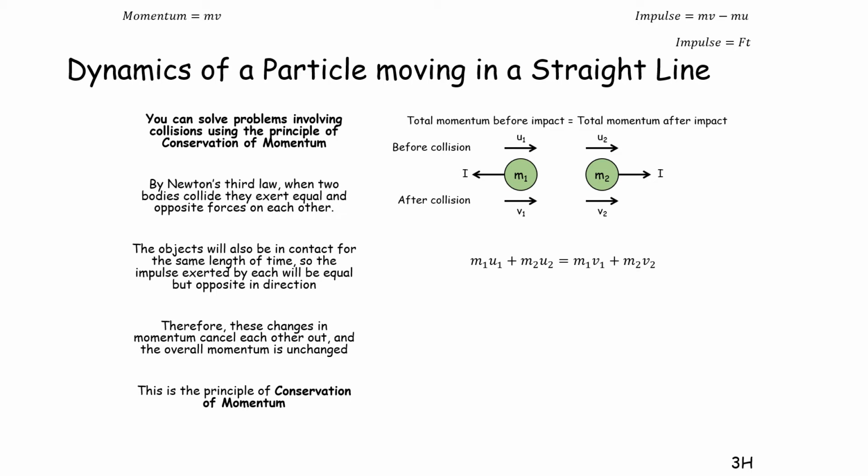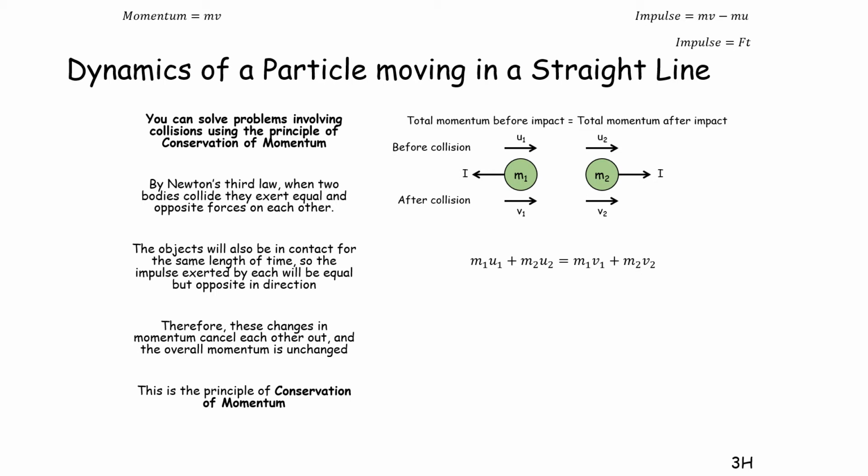So what we could say is the total momentum before the impact is equal to total momentum after impact, by writing it in this formula here. So there you go, you've got momentum before, m1u1 plus m2u2, equal to momentum after, m1v1 plus m2v2.